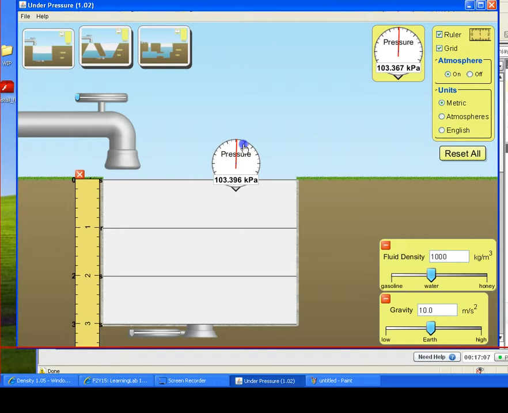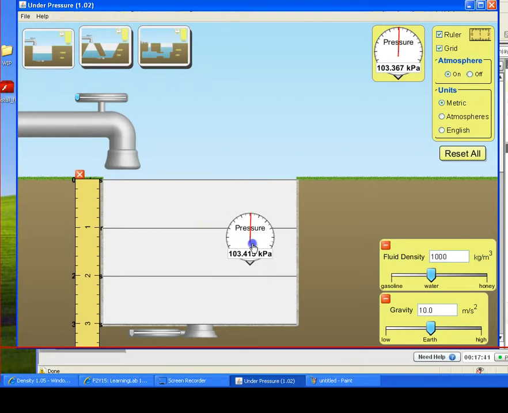Now, let's see what happens per meter. Let's compare the level at x equal to 0, the sea level mark, which was 103.393, with 1 meter, which is 103.405. If you subtract, 103.405 minus 103.393 is 0.012 kilopascals for 1 meter of depth.